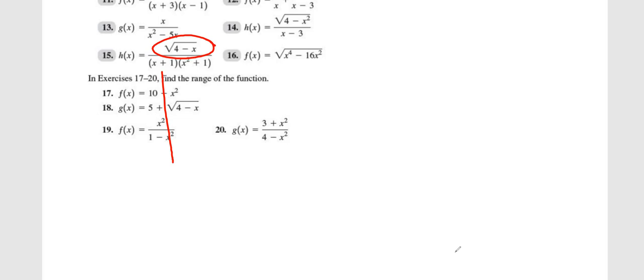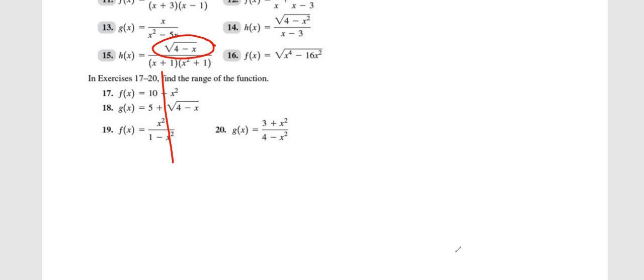Non-removable factors, that is. Now, it would still be a discontinuity if it was removable. If you could remove the factor, which we can't, what kind of discontinuity would it be called? Removable, right?